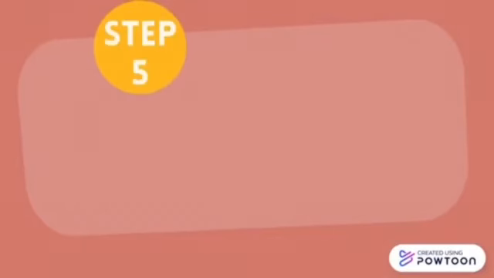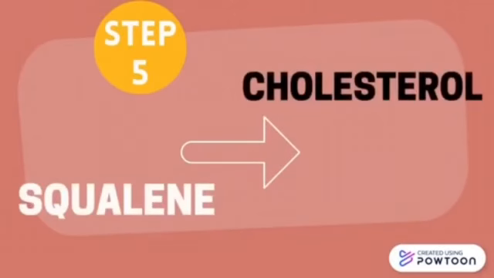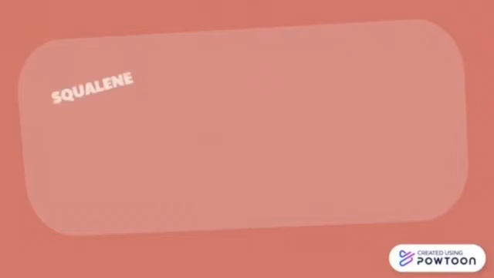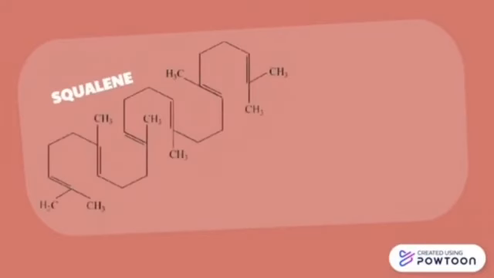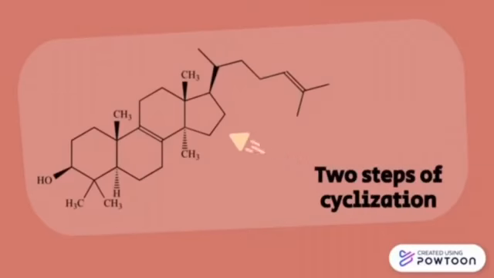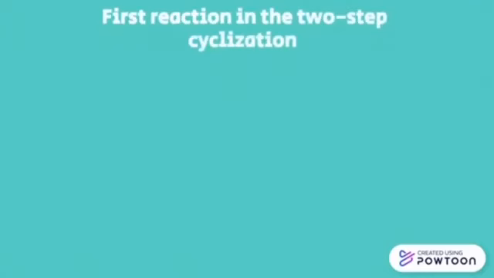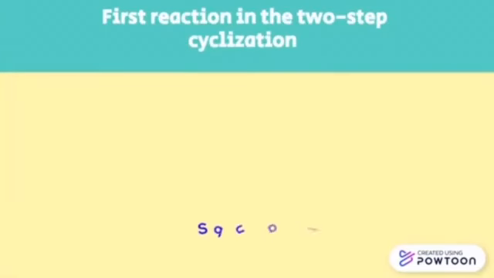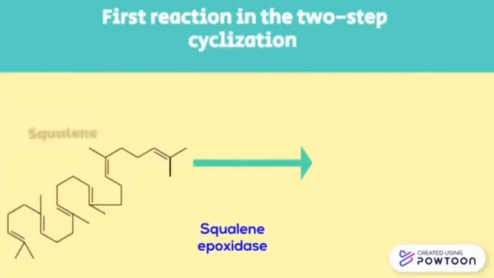We are reaching the last step of the synthesis of cholesterol, where squalene is converted to cholesterol. In order for squalene to be converted to cholesterol, squalene undergoes a 2-step cyclization for lanosterol to be generated. In the first reaction in this 2-step cyclization, the enzyme squalene epoxidase, which is also called squalene monooxygenase, catalyzes this reaction.